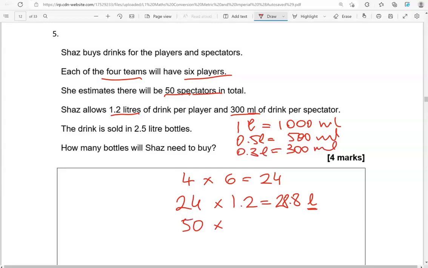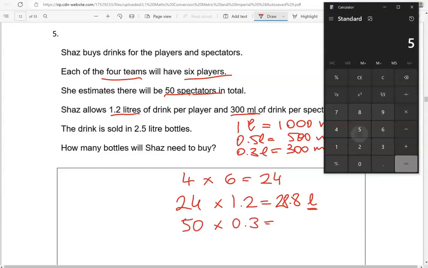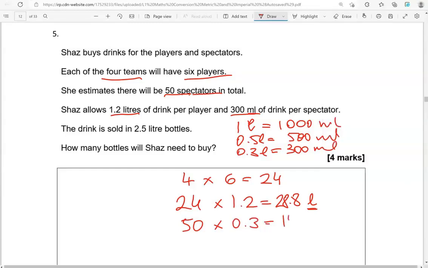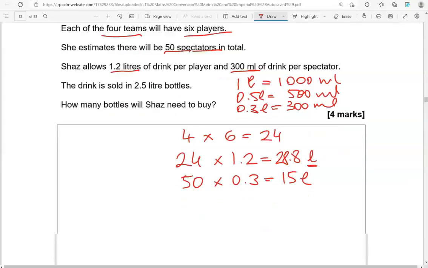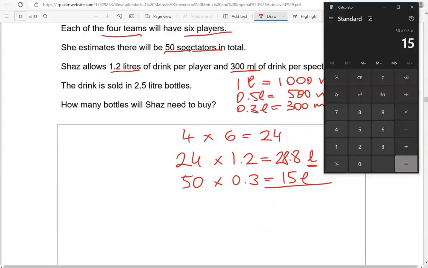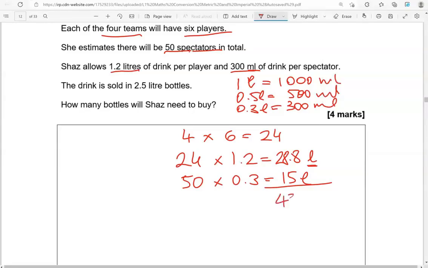So I'm going to do 50 times 0.3, which is 15 litres. So in total we have 15 and 28.8, which is 43.8 litres.